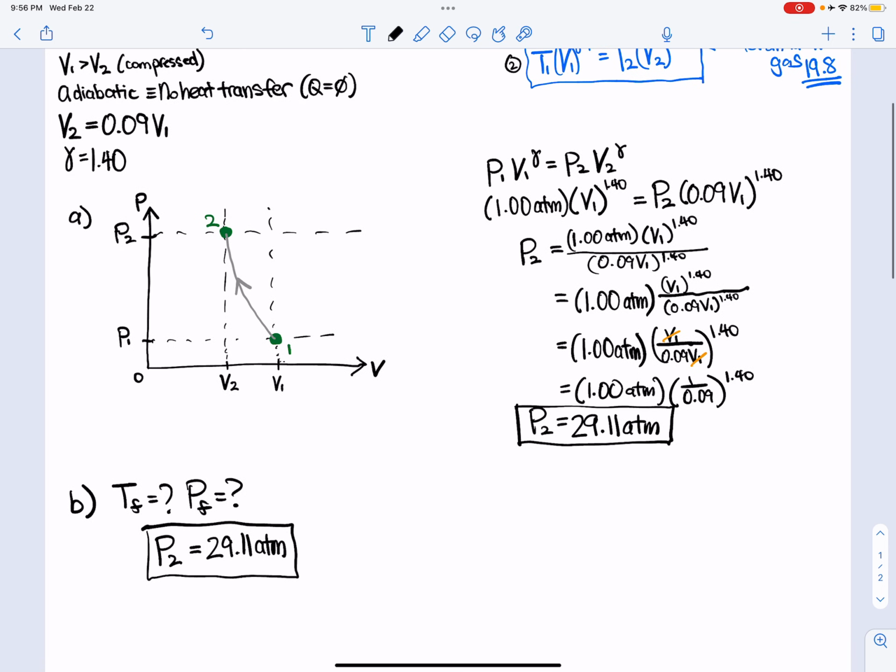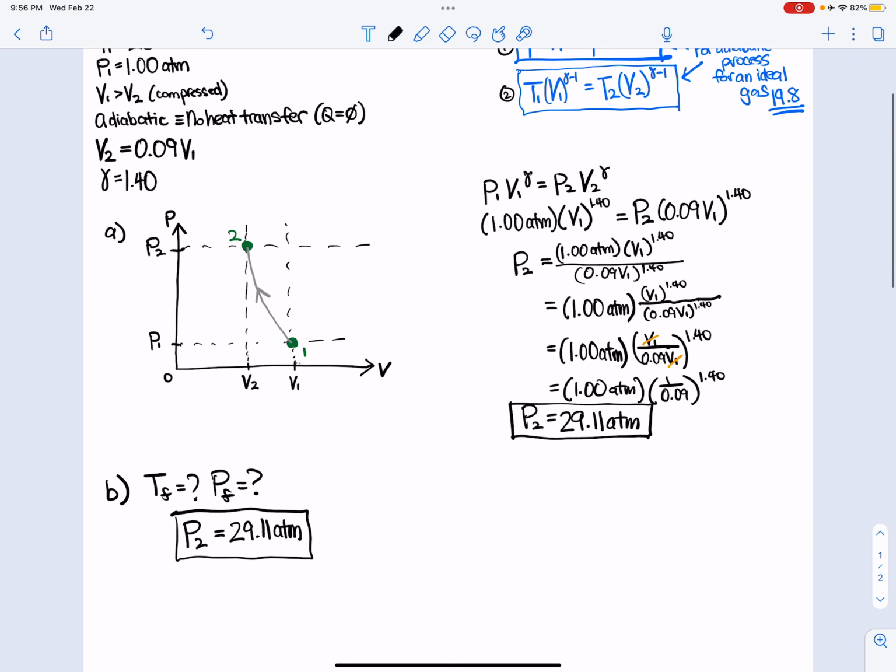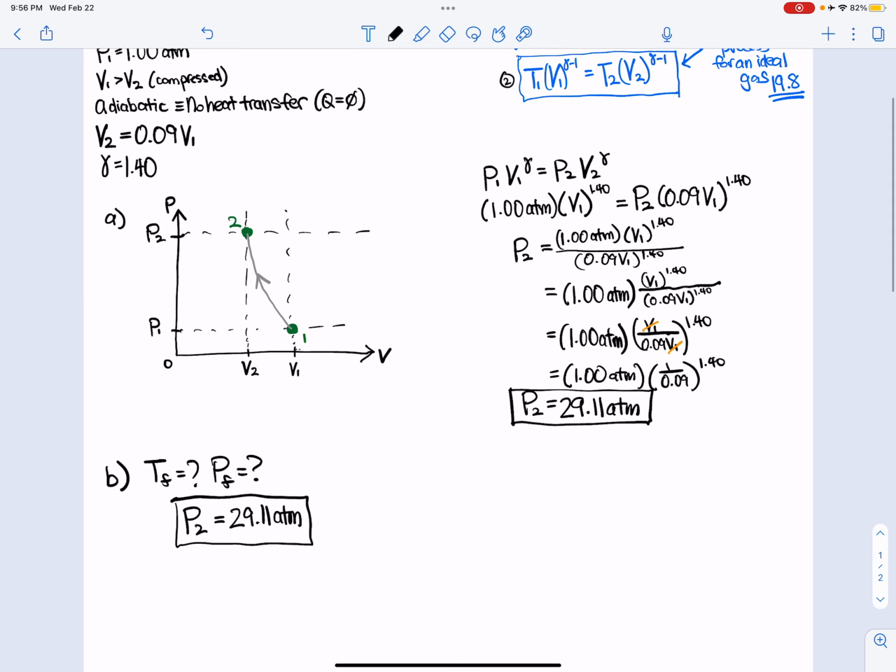Okay, so for the final temperature, I know the equation T1 V1 to the power of gamma minus 1 is equal to T2, or final temperature, times final volume to the power of gamma minus 1. Right? Again, gamma is the value of the ratio of heat capacity. And in this case, it was given as 1.4.